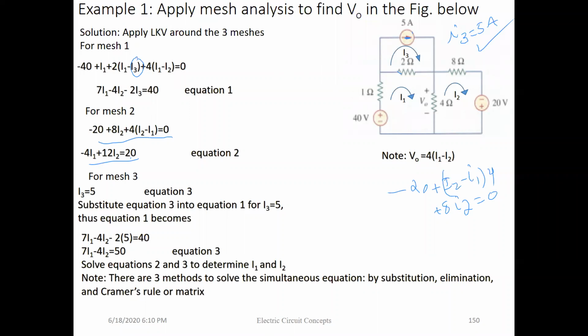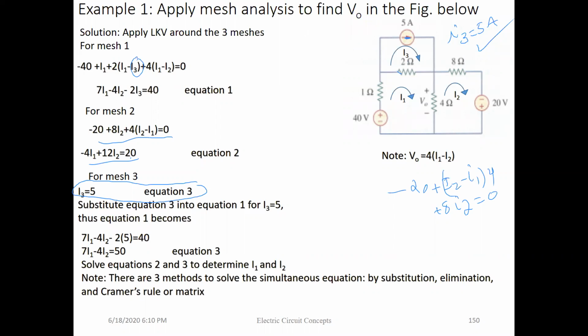So mesh number 3, you don't need to apply KVL. You just need to find the value of the current source. That will be equal to I3. If 5 is going this direction, then I3 will be a negative 5. But since we have the current flowing in the same direction as I3, I3 will be a plus 5.